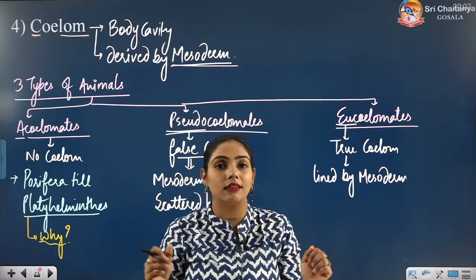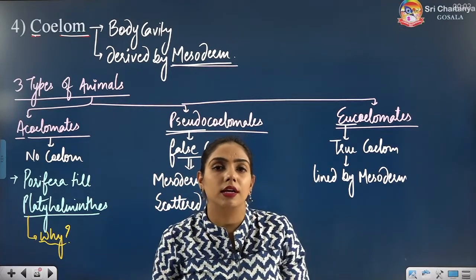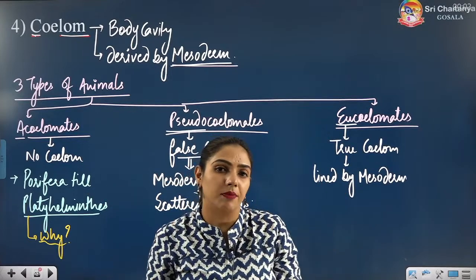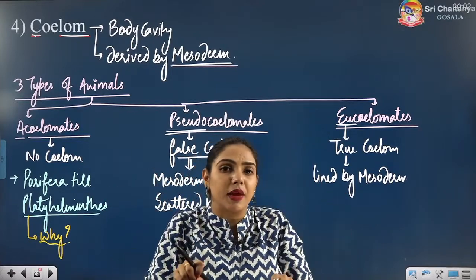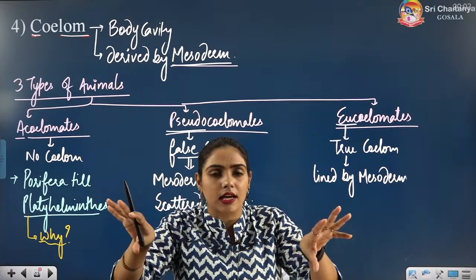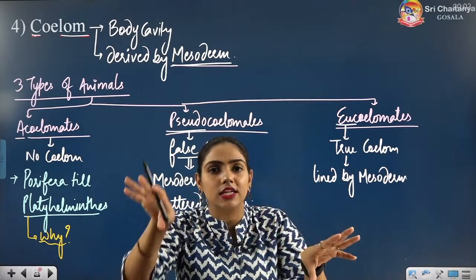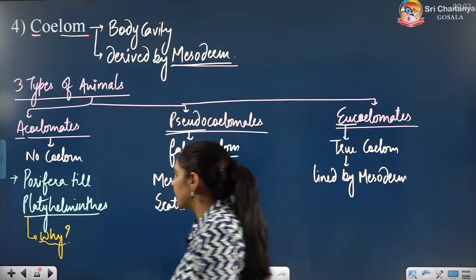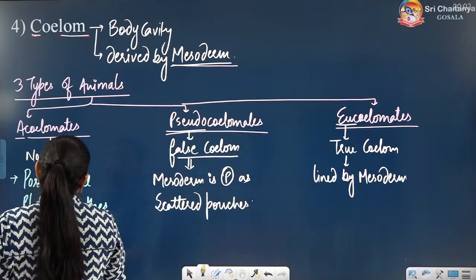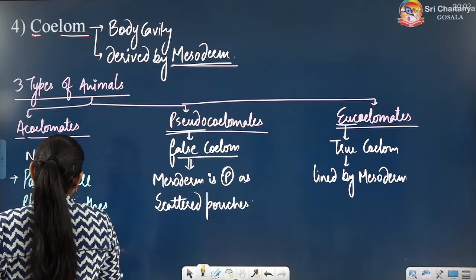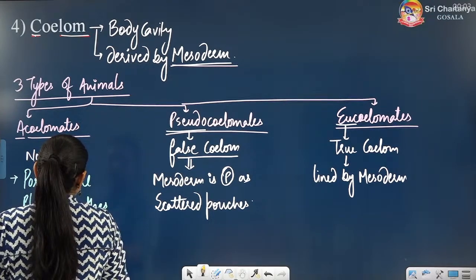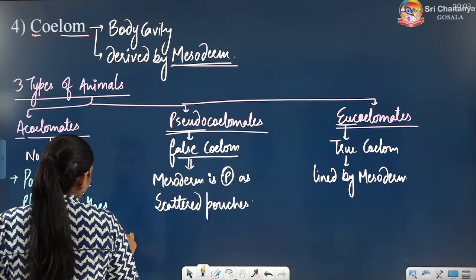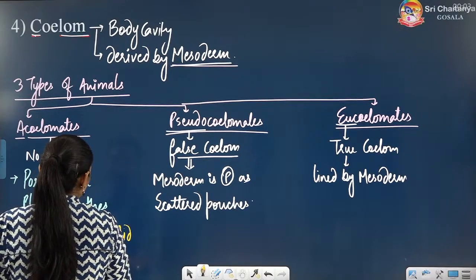So we can say that they have a solid body, a solid mesoderm, which is not splitting in such a way that space will be created in the mesoderm. That is the main reason why Platyhelminthes do not have coelom: due to solid mesoderm.